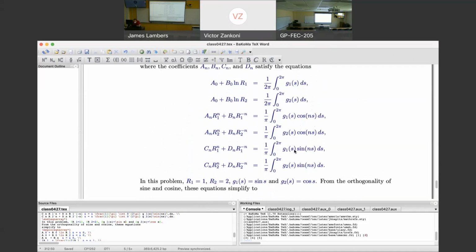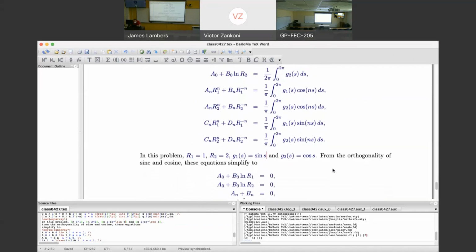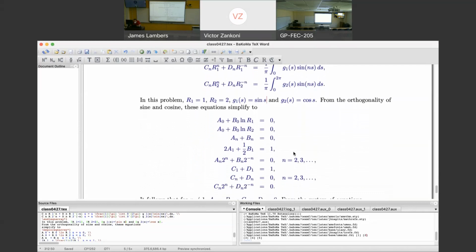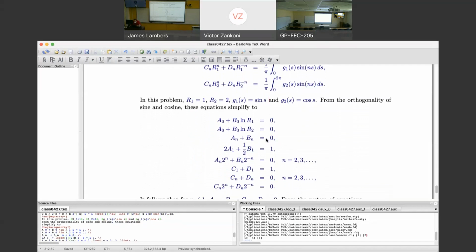C_n and D_n concern the sine transform of your boundary data. So what we have here on the right side is a Fourier cosine coefficient of sine, but that's going to be 0 by orthogonality. So for all n, this right-hand side value will be 0.